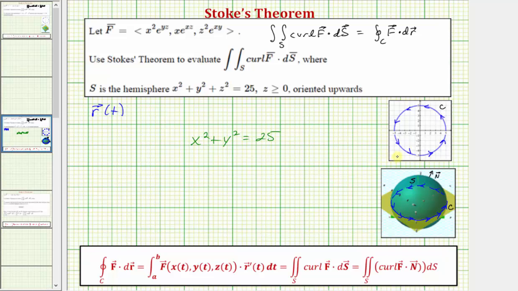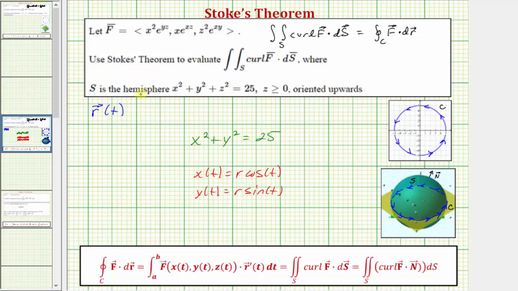We know in the xy plane, any circle centered at the origin can be expressed parametrically as x of t equals r cosine t, and y of t equals r sine t, where r would be the radius.